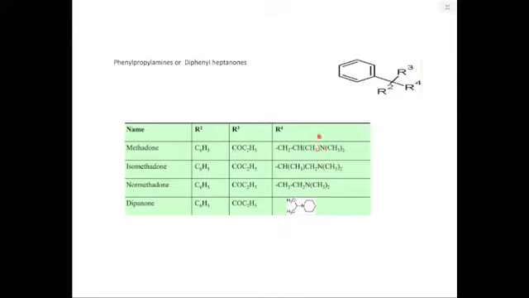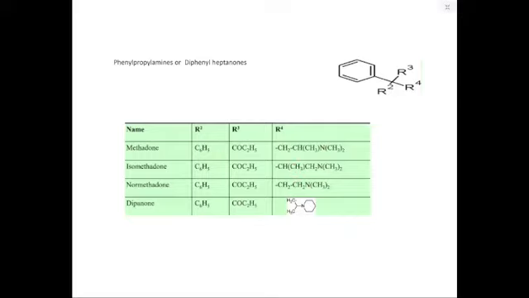If you look at the first one here, the difference between methadone and isomethadone is that in methadone, you count from this nitrogen, it is the alpha carbon that is branched. So it looks like branching is important, and even the position of branching is important. If you look at isomethadone, again, there is branching, but this time the branching is on the beta carbon.